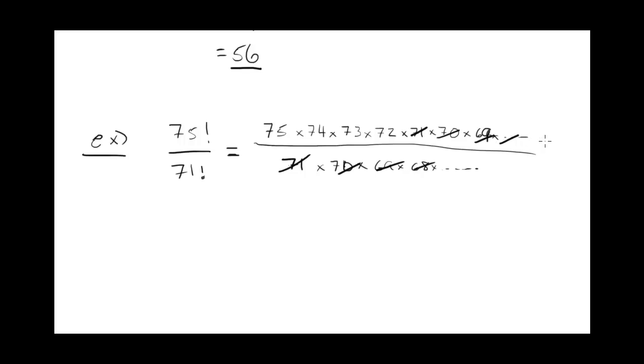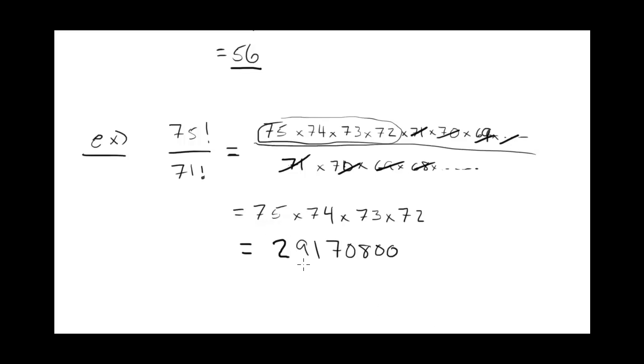And everything here is going to cancel with everything here. So all you're left with is 75 times 74 times 73 times 72. I can't do that in my head, but your calculator should. So I just did it on my calculator and instead of getting a math error, I got a nice number. Pretty big, 29 million and change, but doable.